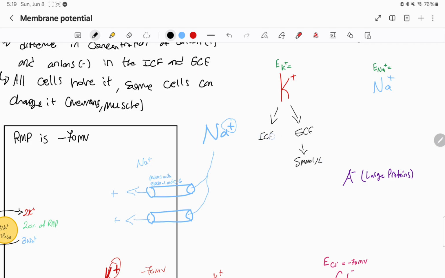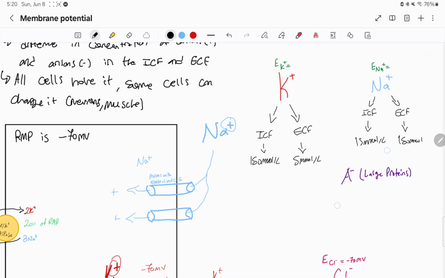And in the ICF has a concentration of 150 millimoles per liter. Whereas sodium in the ICF, right, should be lower, right? It should be 15 millimoles per liter. And on the extracellular fluid, it has 150. Okay, so exactly what we said.